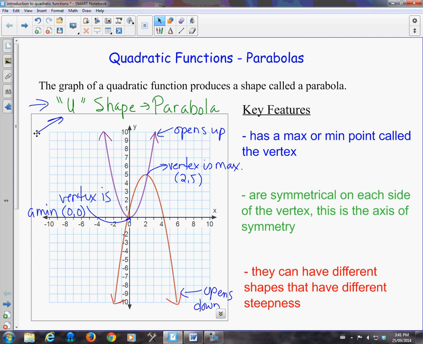A parabola is symmetrical on each side of the vertex. That means it looks the same on either side of the vertex. This is called the axis of symmetry.